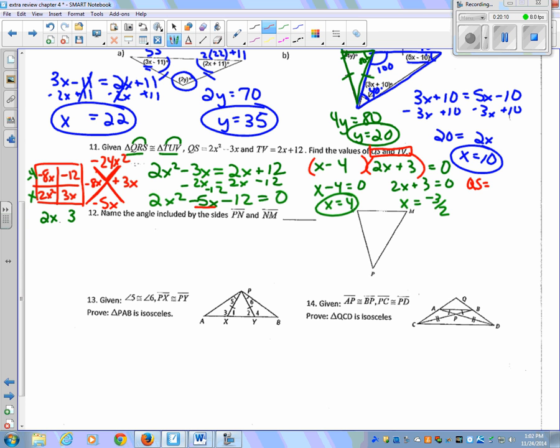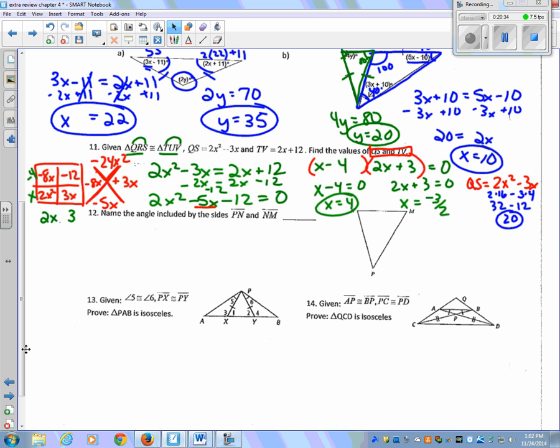QS is 2x squared minus 3x. If we plug in x is 4, we're going to get 2 times 16 minus 3 times 4. That's 32 minus 12, or 20.